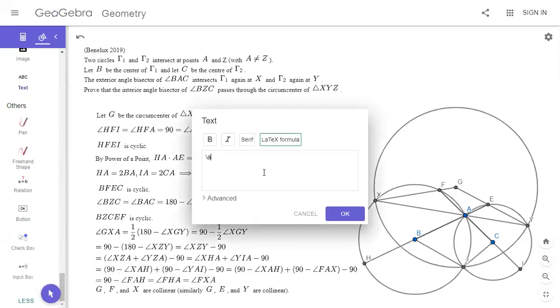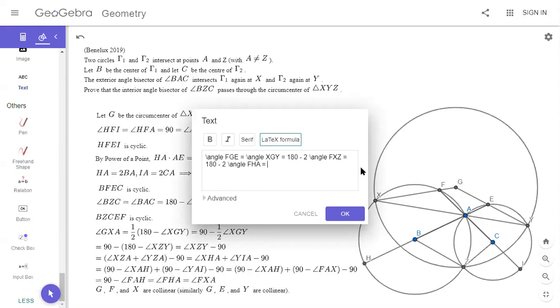So we have angle FGE is equal to angle XGY, which is 180 minus 2 angle FXA, which is 180 minus 2 angle FHA.